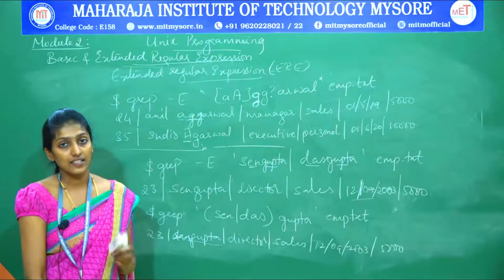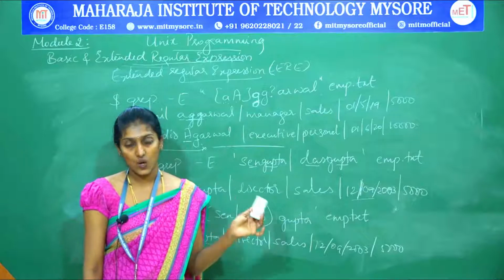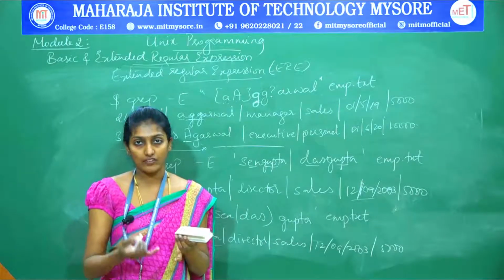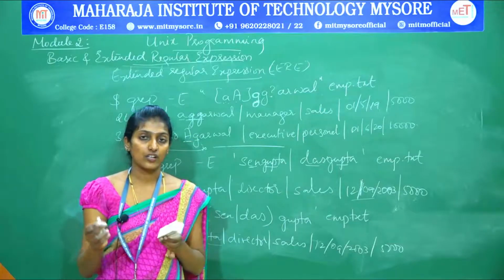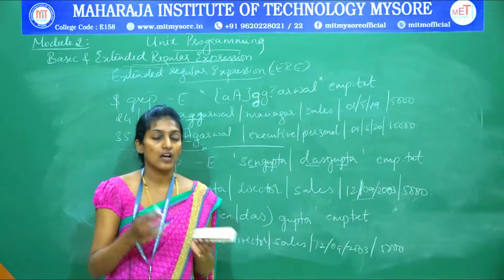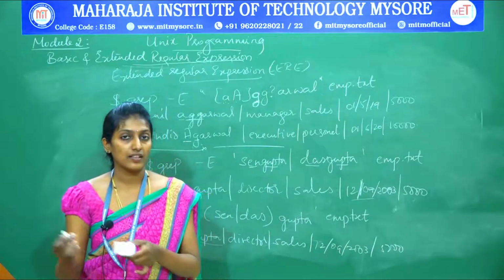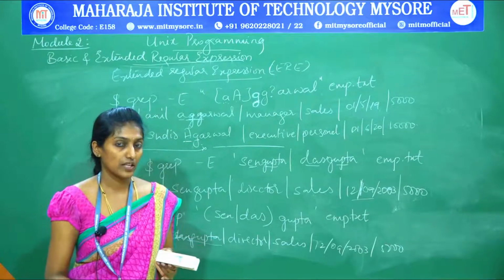Okay, so this is about your basic and extended regular expression set. So in the initial, when we started with this concept, that is by using a grep command how you can search for a pattern, there we had a syntax of matching the pattern: grep option followed by pattern, then the file name. Next again we discussed the options of the grep command.